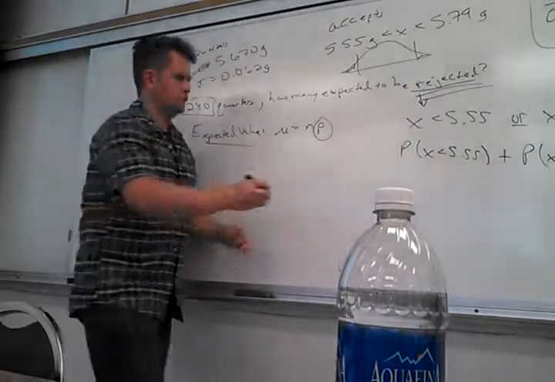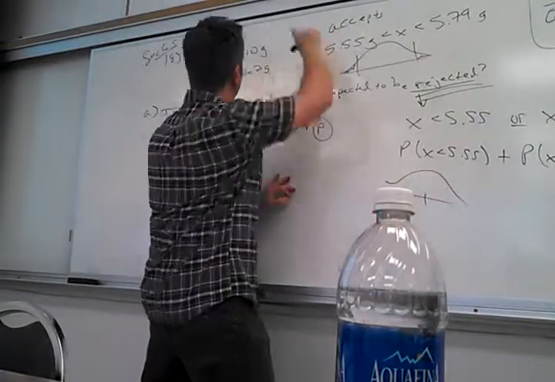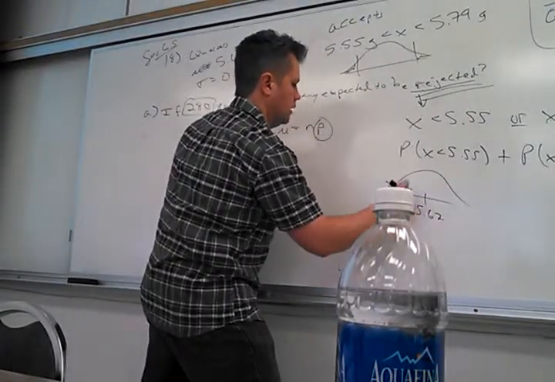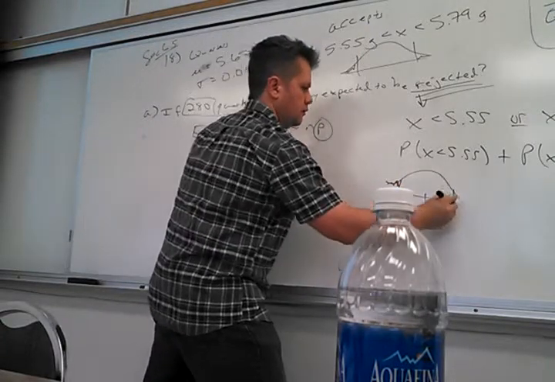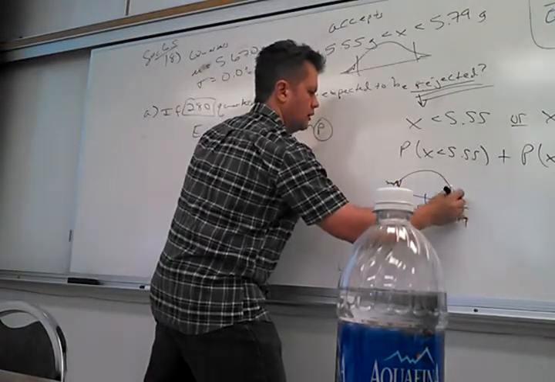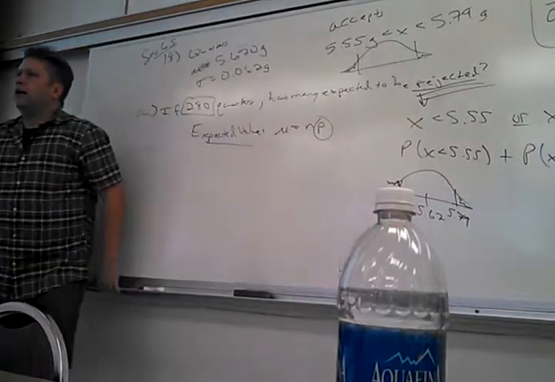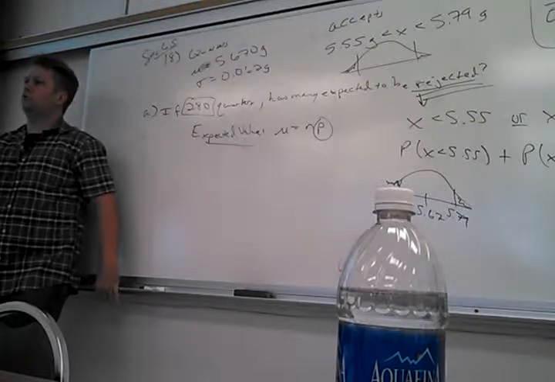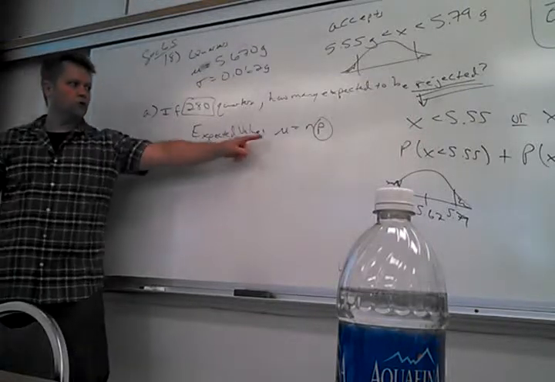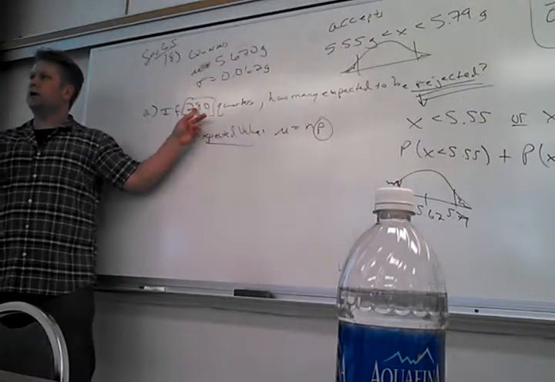Right? So here the average is 5.67. I want less than 5.55, greater than 5.79. I want to get those areas and add them together. That's the probability that a quarter will be rejected. Then you multiply it by n to see how many you would expect to be rejected.